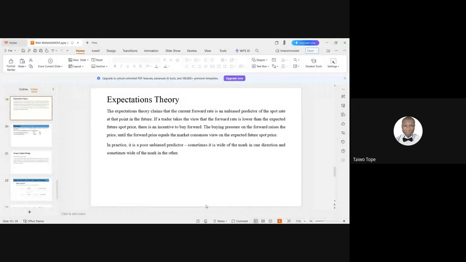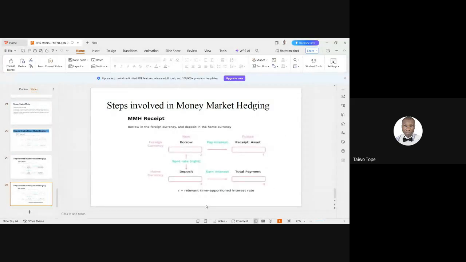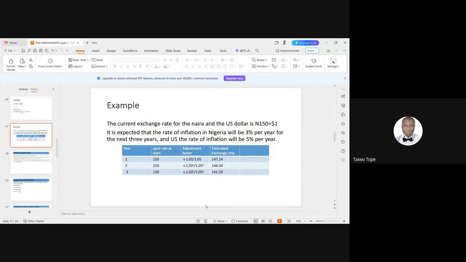Okay, I didn't put it here. Forward contracts are agreements. I think it's in my first slide that I forwarded to the class.